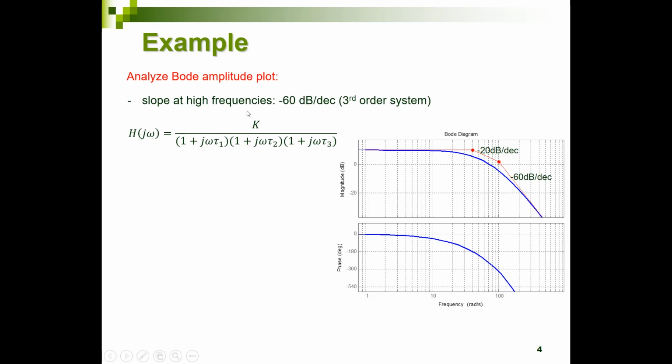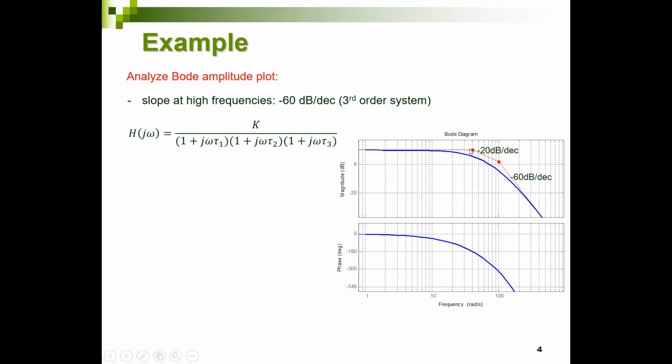H is a constant value K divided by 1 plus j times omega times tau 1, time constant number 1, times 1 plus j times omega times tau 2, second time constant, times 1 plus j times omega times the third time constant tau 3.